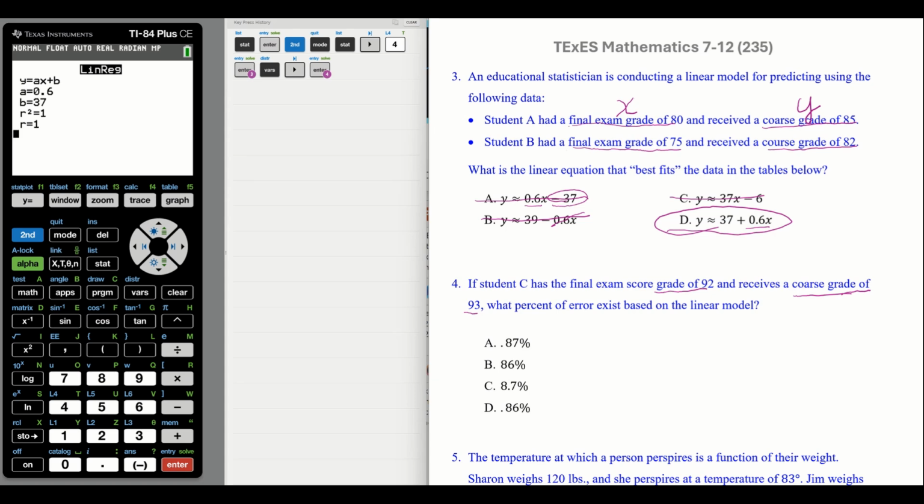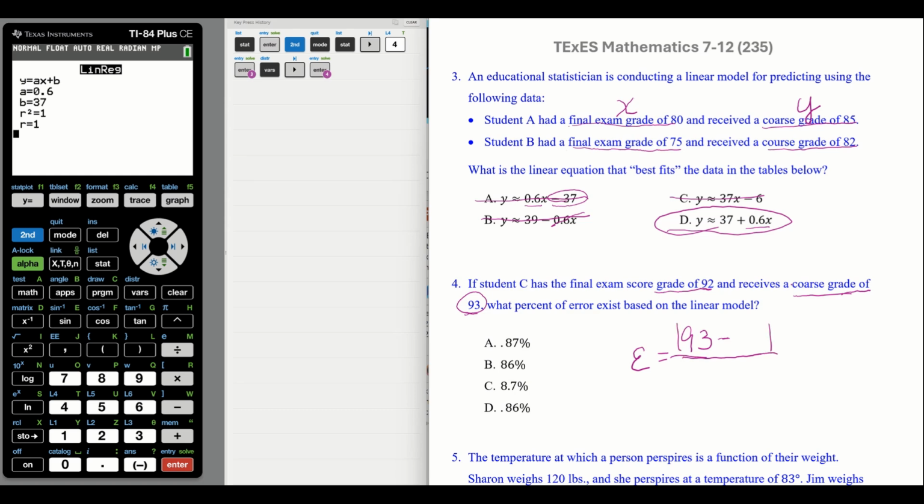We don't have to do that. We're just going to set up our error. We're going to have to go to the calculator to find that. Our new score, we're going to look for 92, but we're going to calculate with 93. Remember, we're using absolute value.